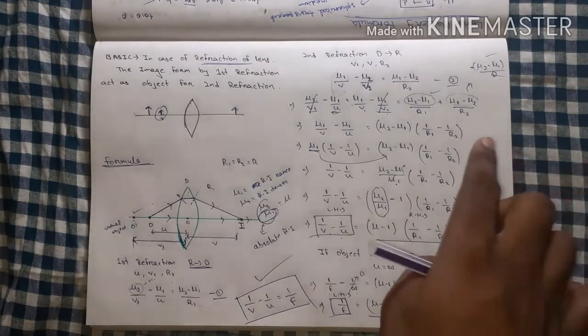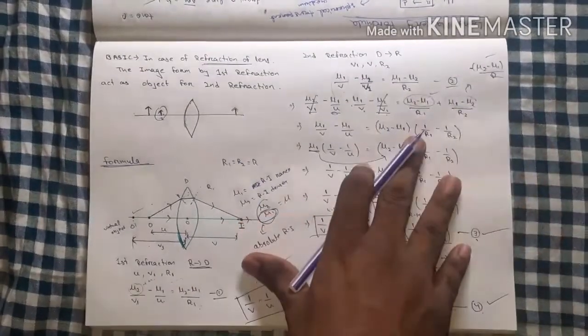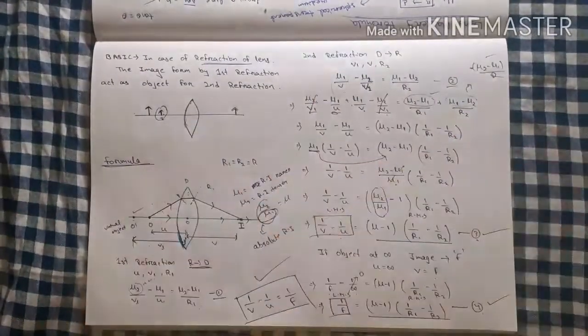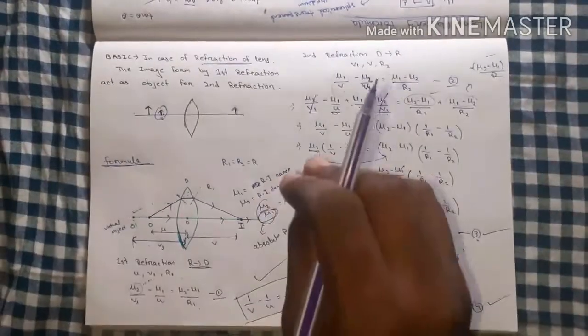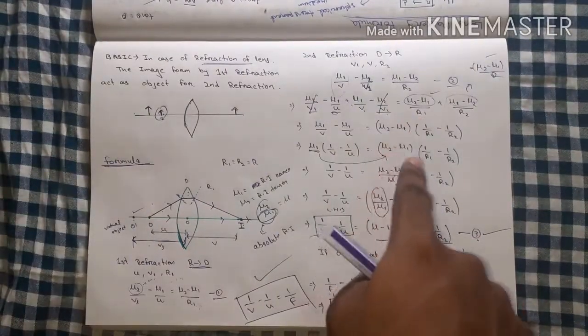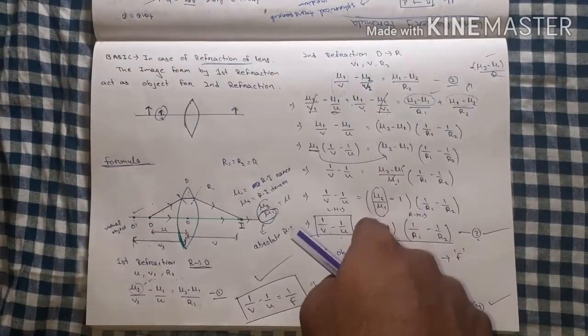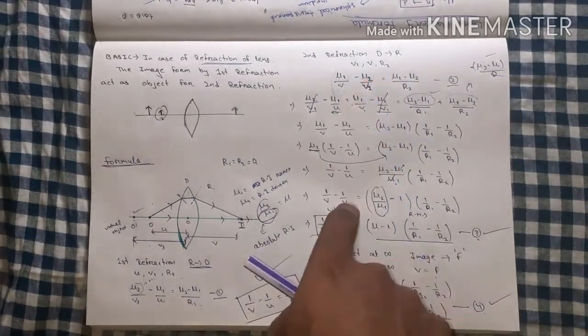Listen carefully. This is a method. Your book has another method, but this method cannot be wrong. No teacher will say that this method is incorrect. It is the easiest method, a very simple method.